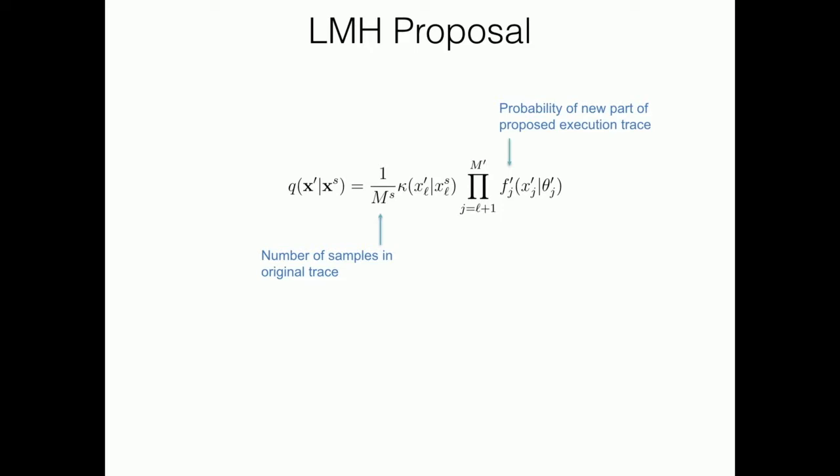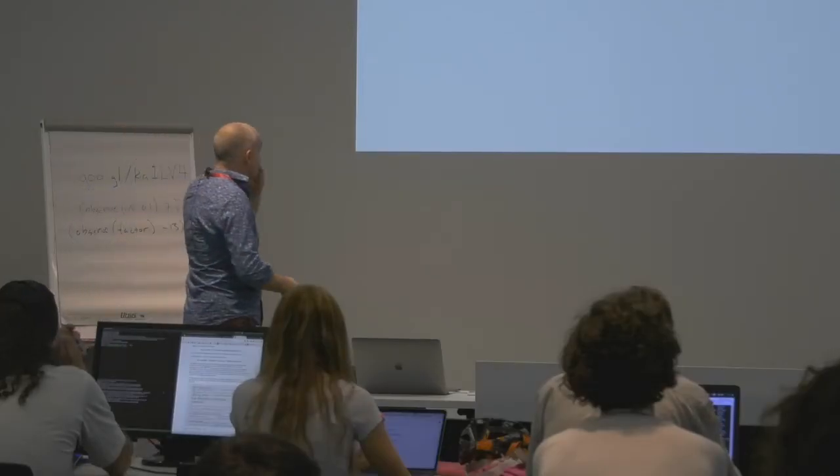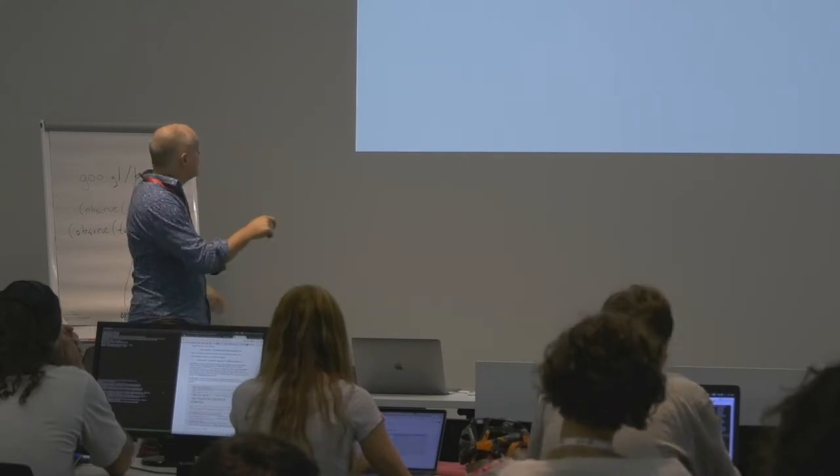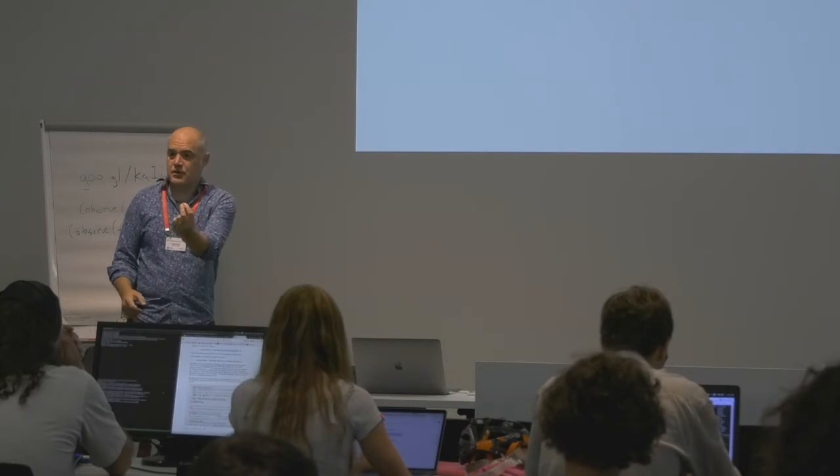Because let's say we run the program once. We've made MS samples. We've encountered MS sample statements in the original run of the program. How are we going to design a reversible Markov chain, a reversible proposal for the space of program executions? Well, it's not so bad, as it turns out. What we're going to say is, let's go to a particular choice that's made.